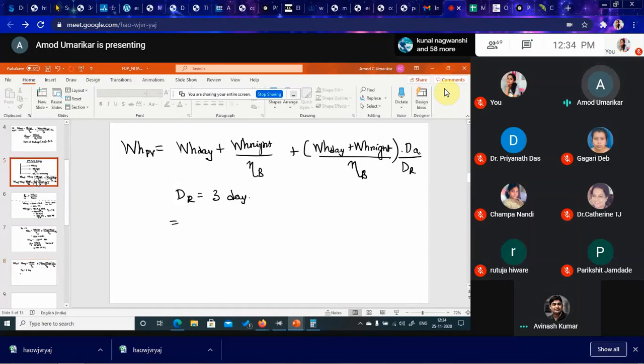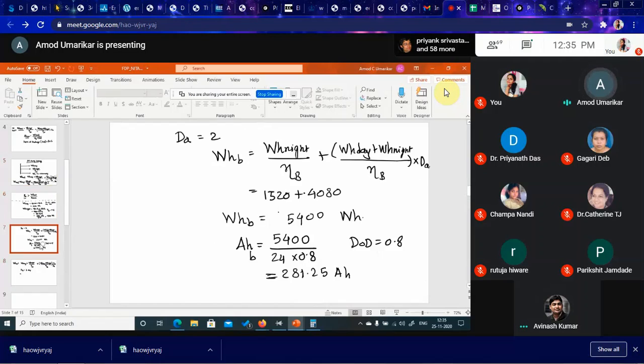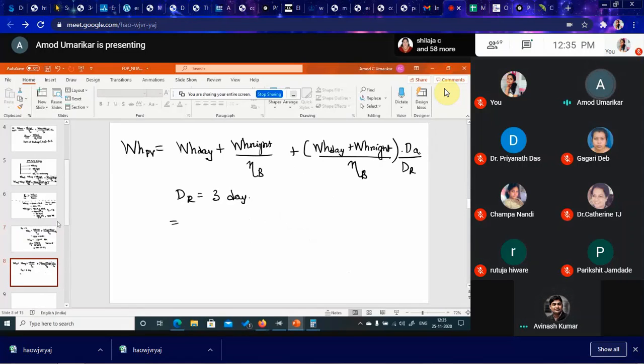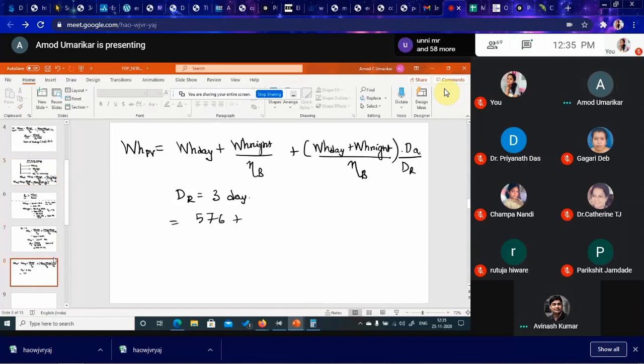So what are the WH day we have found out? WH day is 576, then WH night is 1320, and the total, if we multiply by autonomy, is 4080. So this is 576 plus 1320 plus 4080 upon 3.